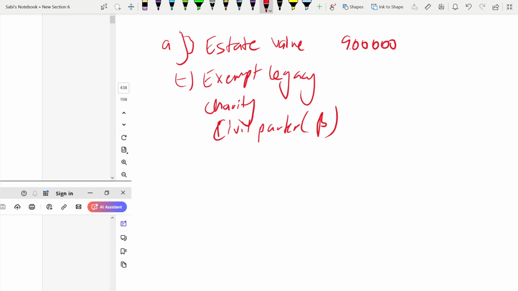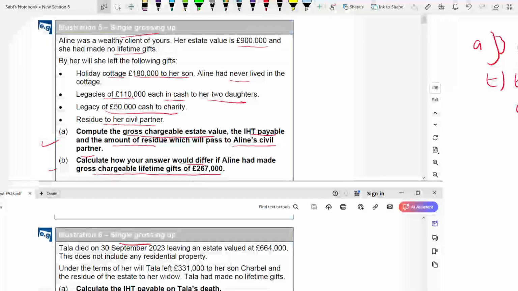Charity is 50,000. They have given the value for charity, and the civil partner is the balancing figure. For that, you need to know the gross chargeable estate.